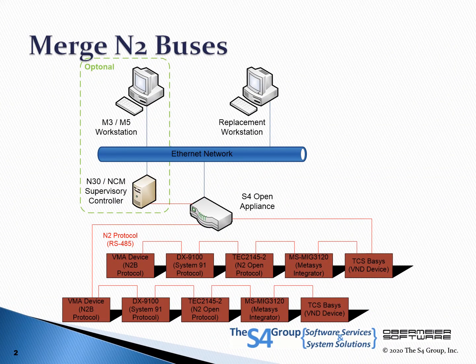Earlier versions of our S4 Open BACnet-N2 router had the ability to merge multiple N2 buses into a single logical N2 bus. With the availability of smaller yet powerful hardware platforms, it becomes more practical to install a S4 Open BACnet-N2 router for each smaller N2 bus.